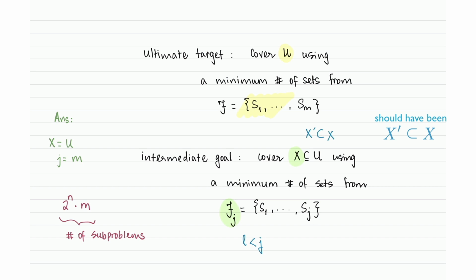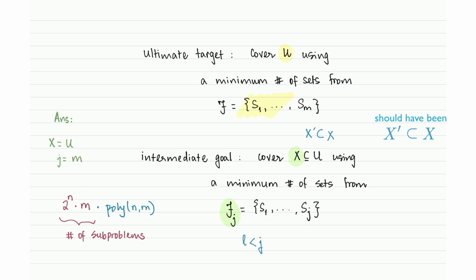And to make the description of the program complete, of course, we want to work out the base case, and we know that at the very end, the answer that we report is simply the answer to the goal corresponding to x equals u and j equals m, like we just discussed. So if these intermediate goals can be computed either in constant time or let's say even some polynomial time, then the overall running time is going to be the amount of time that you need to solve each of these intermediate goals with an overhead of 2 to the n times m, because that's the number of subproblems that we have.